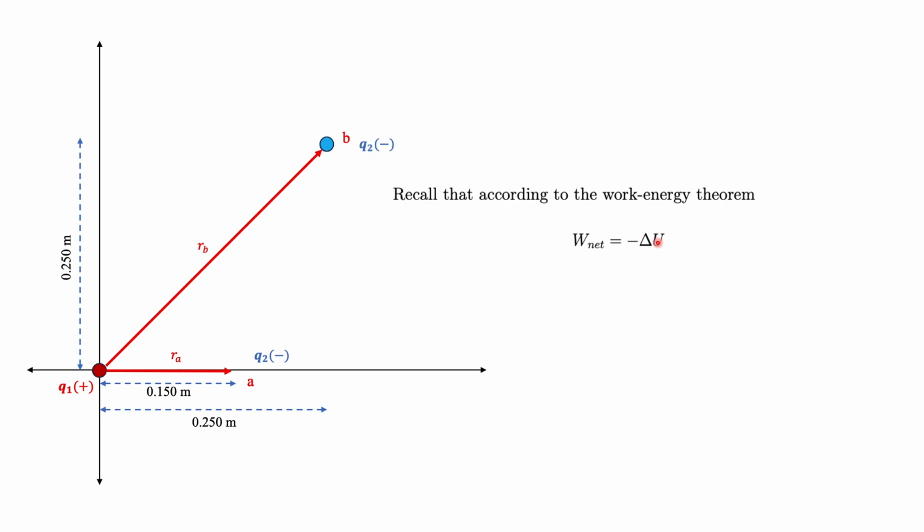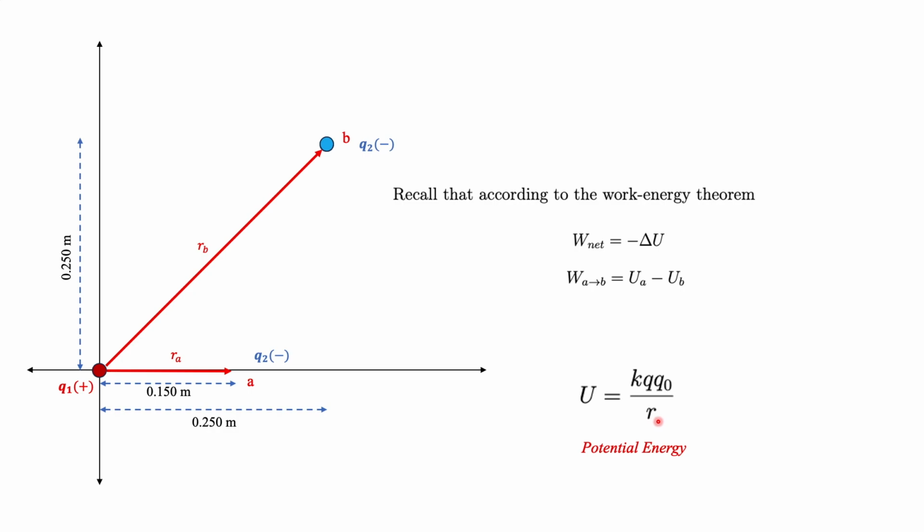Equivalently, the work done in moving the point charge from point A to point B will just be the difference in the potential energy at point A and point B. This tells you that you need to solve for the potential energy at point A and at point B so that you can get the net work that the electric force must do.